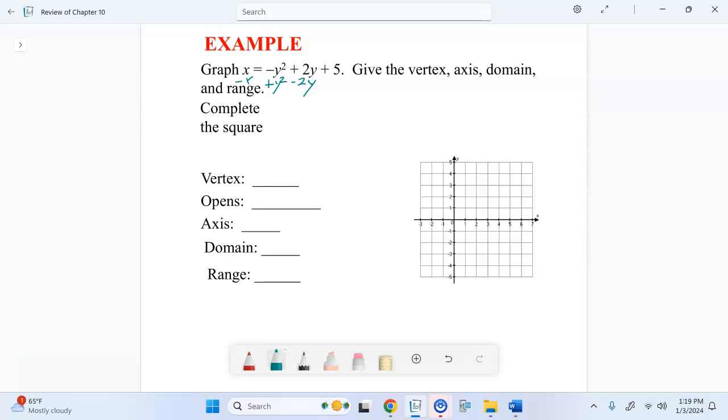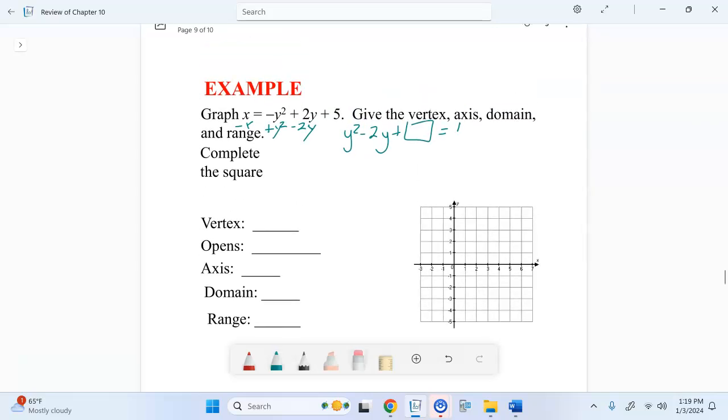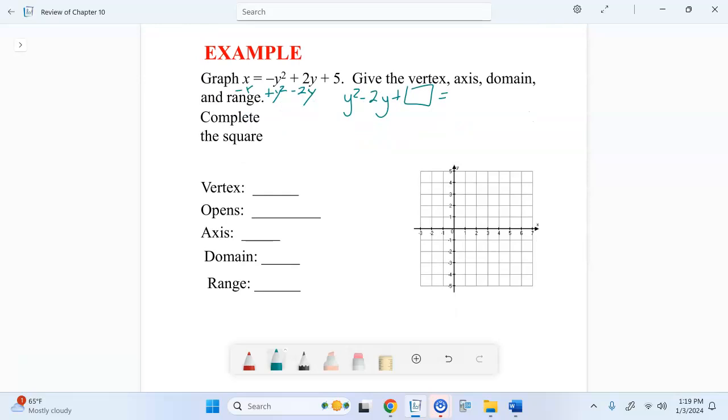It's not that big a deal, but it makes it so we don't have to do this extra factoring step. Move the negative y squared to the side, move the 2y to the other side, move the x to the other side, so that way we can set up our completing the square.